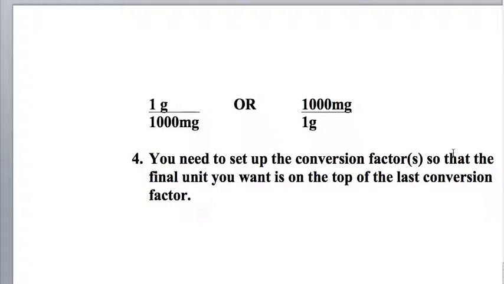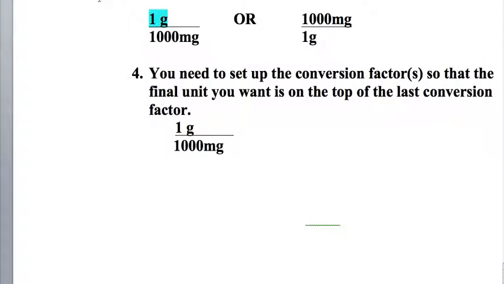Here we only have one conversion factor, and the unit we want in the end is grams. So we want to pick the conversion factor with grams in the numerator. And there it is.